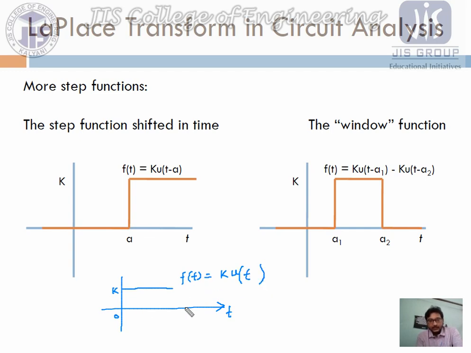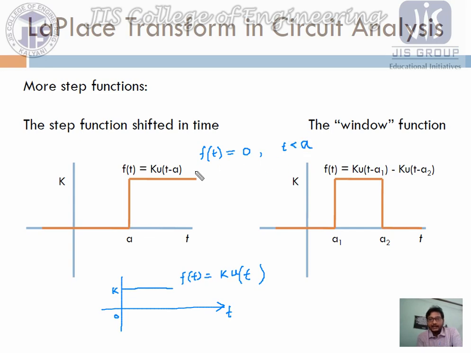So it means the function value has started from 0. For this particular signal we can see the function has the value 0 and it continues up to the value less than a. So we can write that the same f of t has the value 0 when t is less than a.